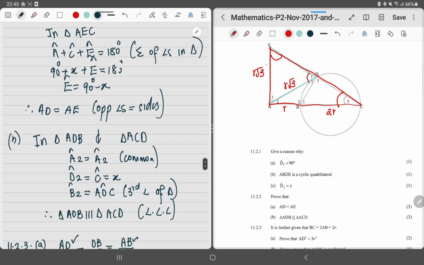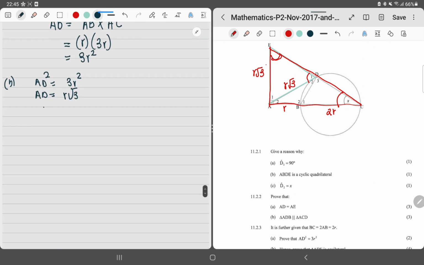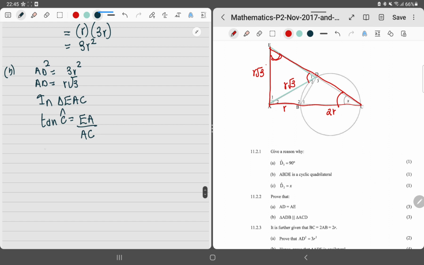That way, when I find D, I'll also find E. So in triangle EAC, tan of C should be equal to EA over AC.